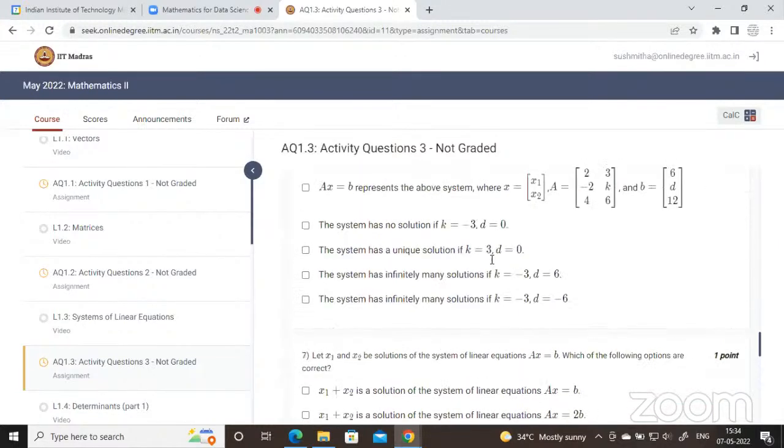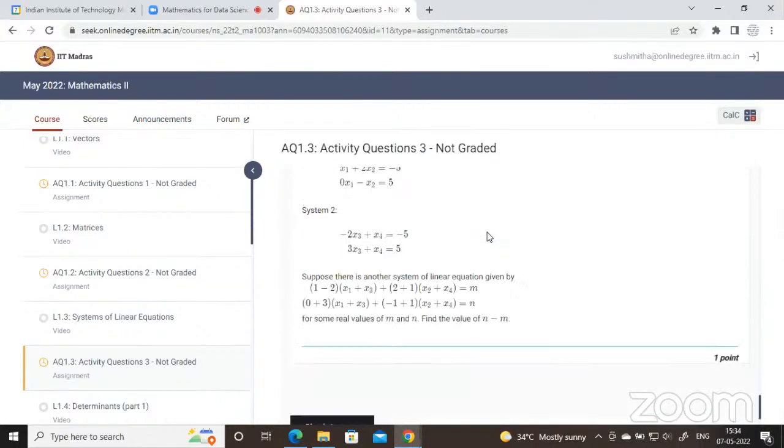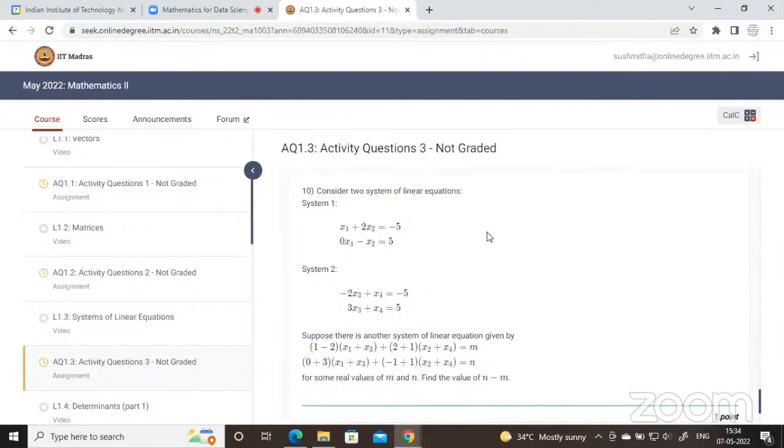Ma'am, question number 10 also, I have doubt on that. Okay, we'll finish question 10 and then get to the figure part of it. What is the doubt in question 10? Ma'am, actually I didn't get the meaning of the question here. No, you just solve system 1, solve system 2 and then plug in the values and get MN. There's nothing else, no other relevance.